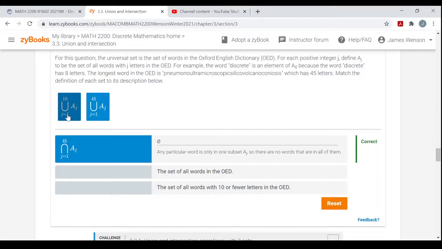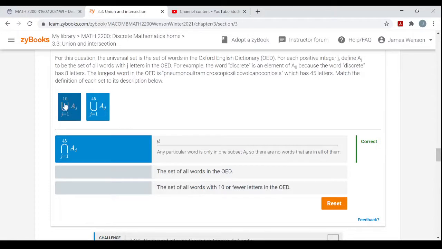This one, see, it's the union symbol from j equals 1 to 10 of AJ. So this set is A1 union A2 union all the way up to union A10.